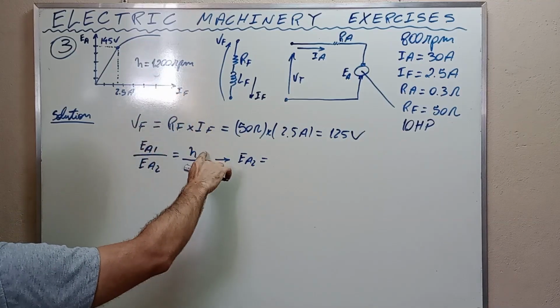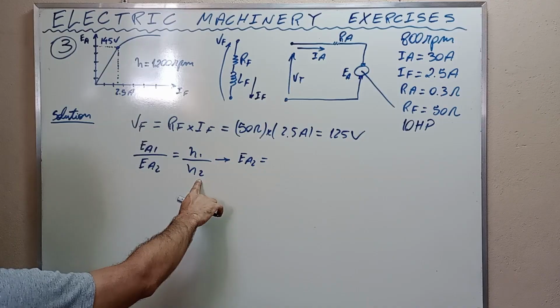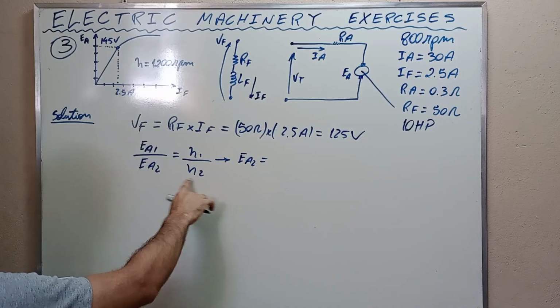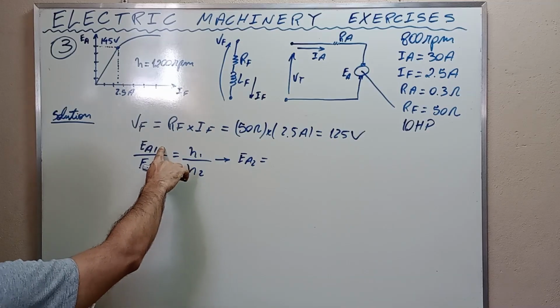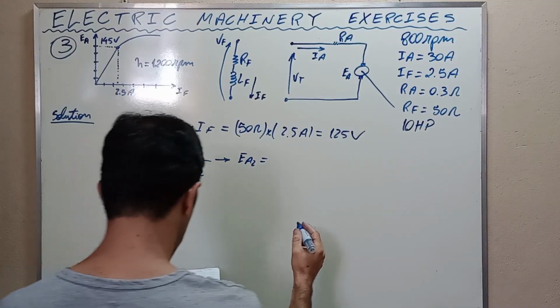1200 RPM here, 800 RPM here, and here we put 145 volts, okay?